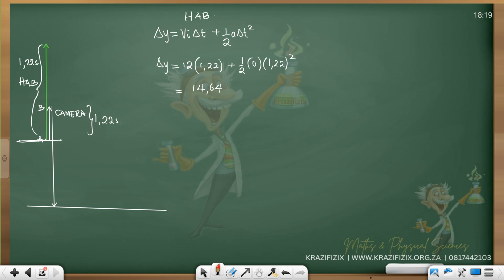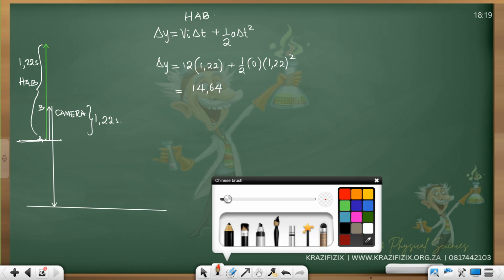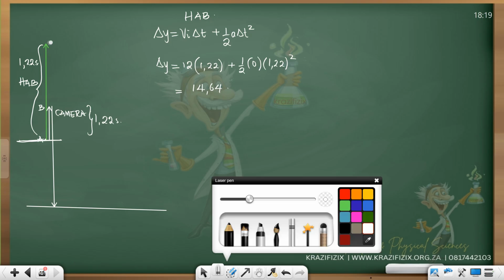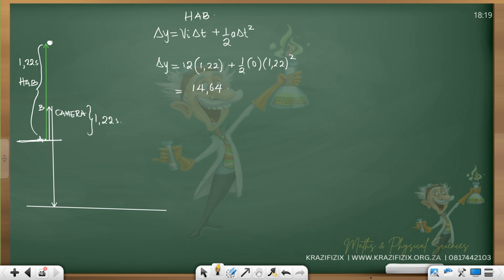Okay. But the question now is, we have that 14.64 from, remember, we are looking for this. This is the height we are looking for. Let me mark it. We are looking for this difference. Let me use a yellow. This is the main thing we are looking for, the distance that we are looking for, because the camera is at the maximum height.